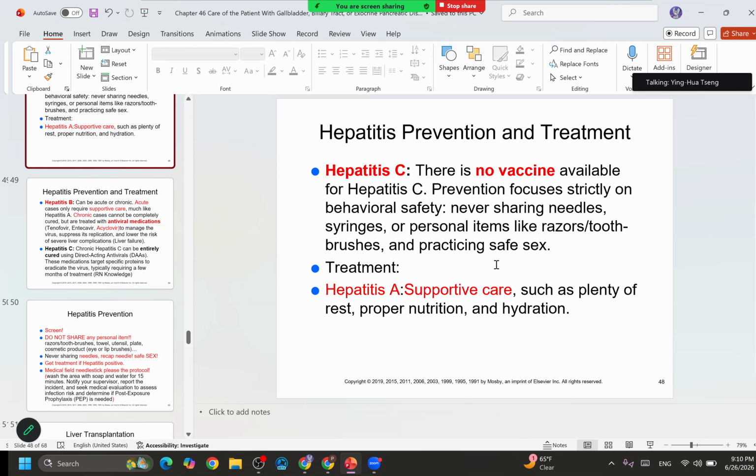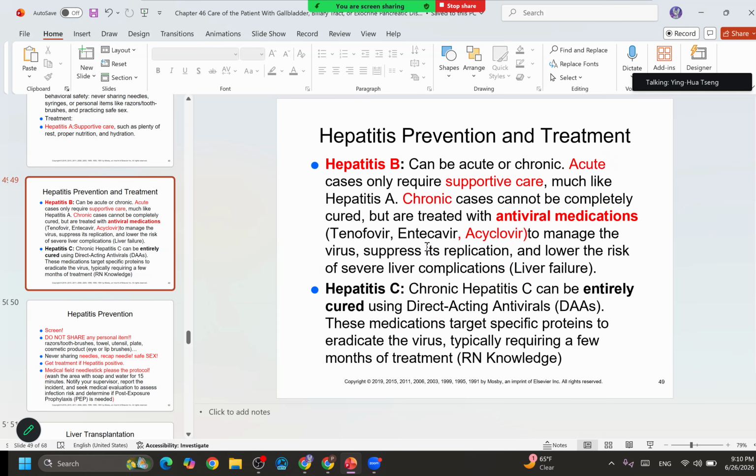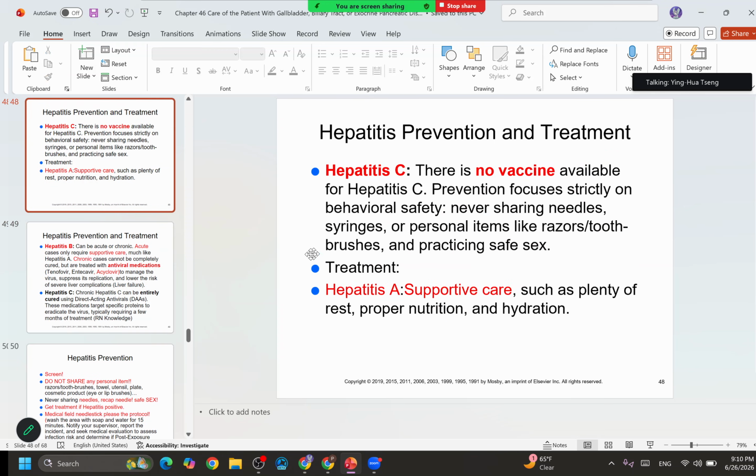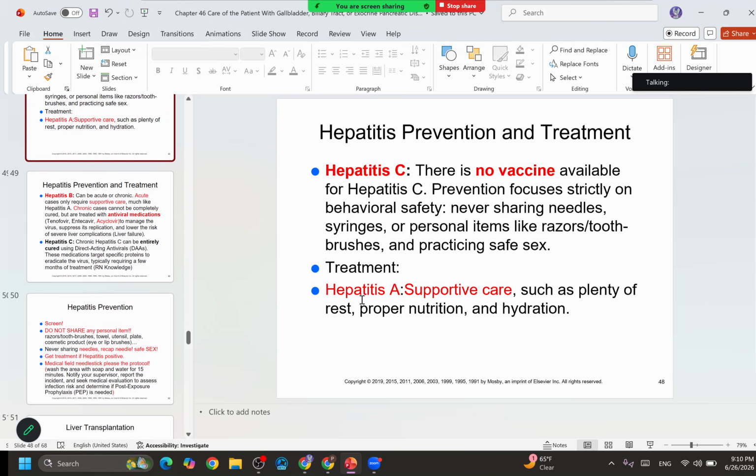Okay, here is the treatment. We talk about A, B, C. We don't talk about D because if we don't have B, we don't need to get treated. And E, you just go to the hospital, they give you antibiotics, and you get treated. So the important ones are A, B, C. Hepatitis A is supportive care. That means the patient can recover. They're fine.